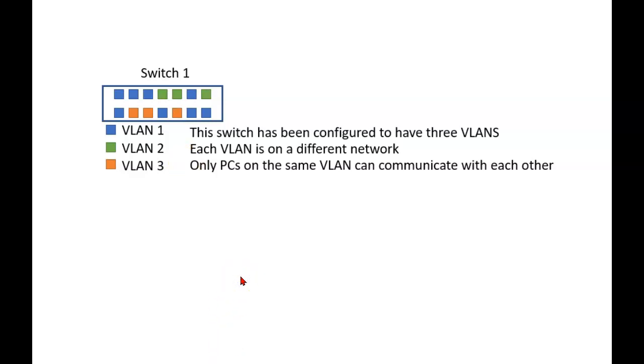Now, yes, there are such things as what we call layer 3 switches, and those do allow it, but we are for now going to go simple and presume this is a standard layer 2 switch, and so this is the case. They will not communicate with each other except within their own VLANs.